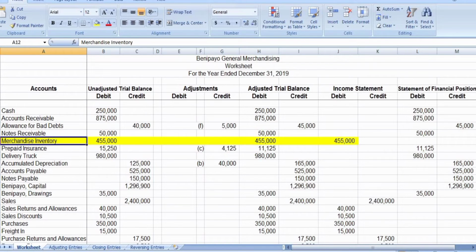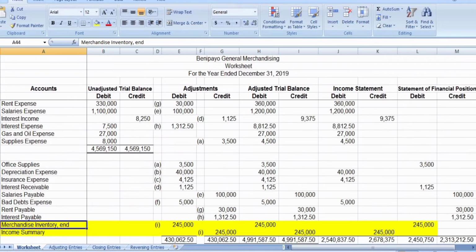That is why this 455,000 beginning merchandise inventory must be forwarded to the debit column of the income statement in the worksheet. How about this merchandise inventory end? Where is this account found? In the statement of financial position or in the income statement? Actually, in both the statement of financial position and income statement.